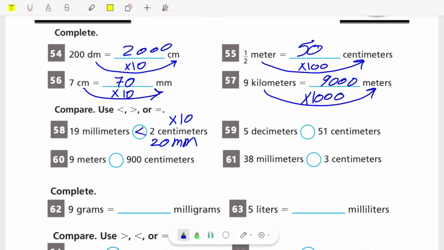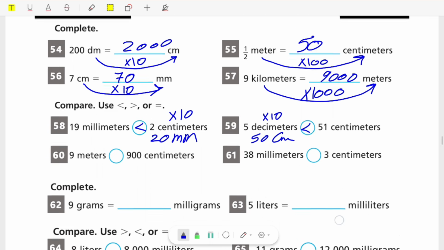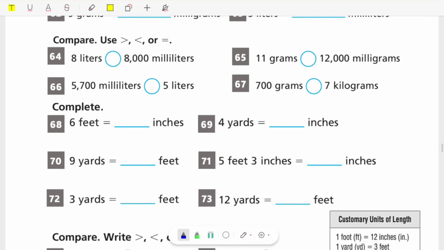Of course 20 is bigger. The next one, 5 decimeters or 51 centimeters. So we're going to multiply here by 10, so it will be 50 centimeters. So this is bigger, and the same for the rest of them.